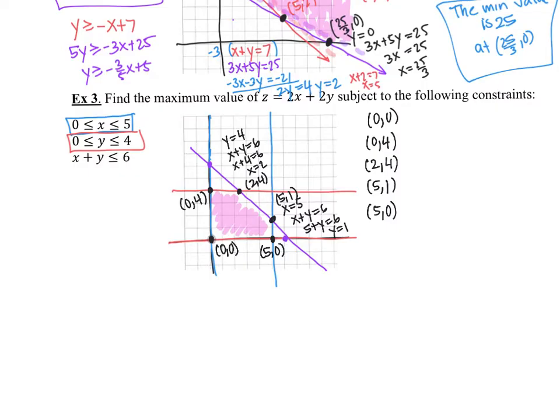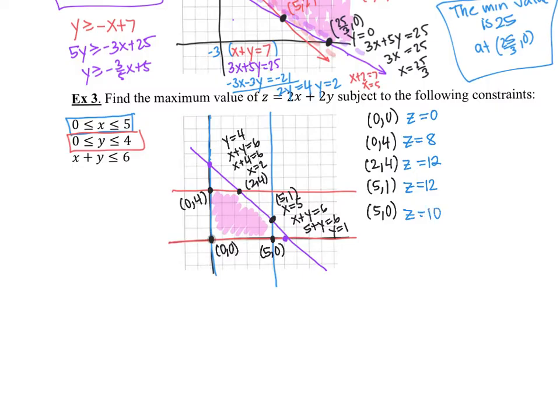Okay, I told you you don't have to show the plugging in work, but you need to show what it equals to. So 2 times 0 plus 2 times 0 is 0. 2 times 0 plus 2 times 4 is 8. 2 times 2 is 4. 2 times 4 is 8. 4 plus 8 is 12. 2 times 5 is 10. 2 times 1 is 2. 2 times 5 is 10.